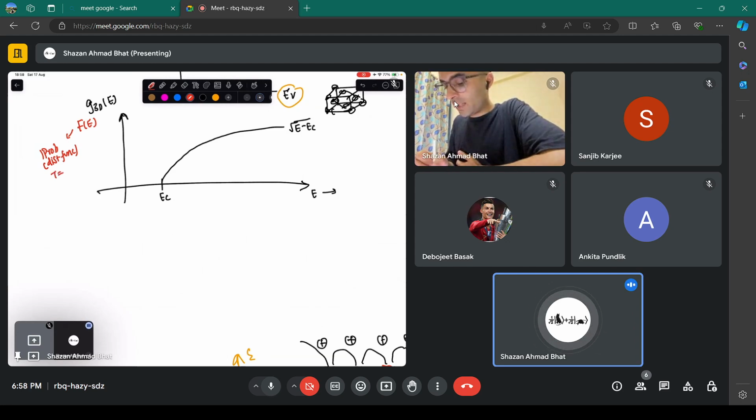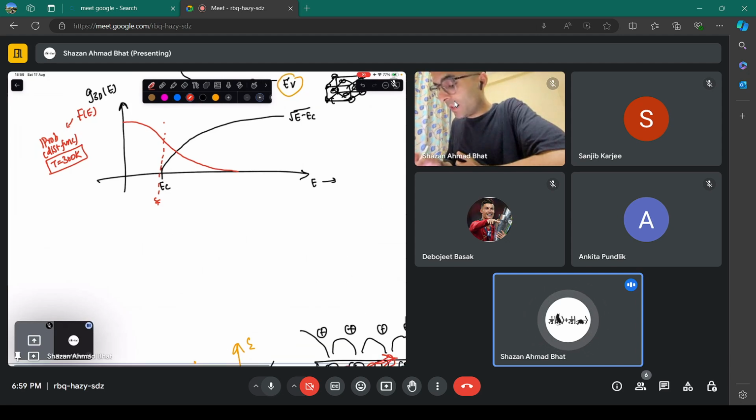Let's say we draw it at T equals 300 Kelvin for silicon. It looks something like this, where I just extrapolated it. Let's consider this to be the Fermi level, quite close to the conduction band. That means the red region is the probability of an electron being occupied.